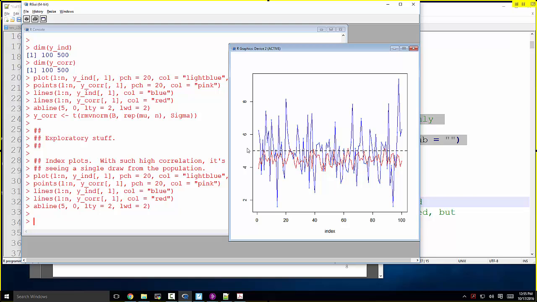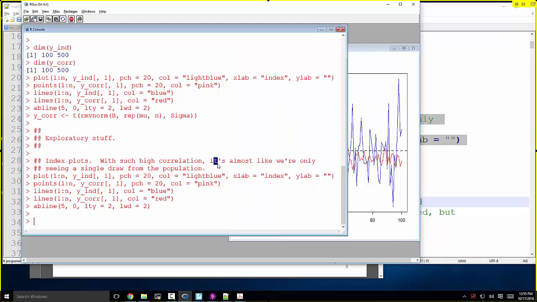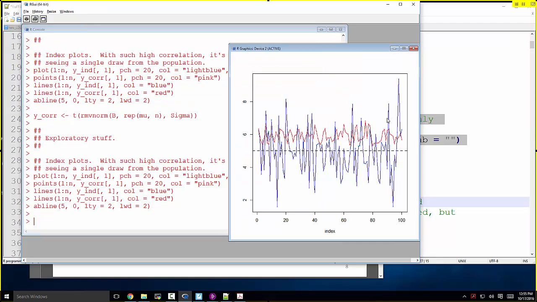On repeated sampling, if we got another sample of 100 and did this again, we would see the red, again, not varying much, but the starting point changed. It randomly changed to be a little above 5 this time.